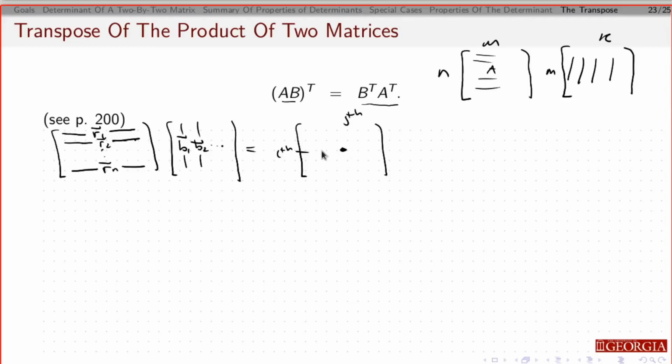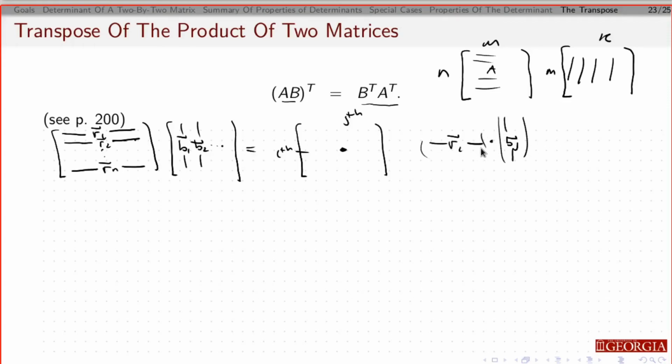So that number is, I'm going to go across the ith row of A, and then I'm going to multiply by the jth column of B. Right, so I'm going to go element by element, this times this plus this times this, and go all the way down and add them up.